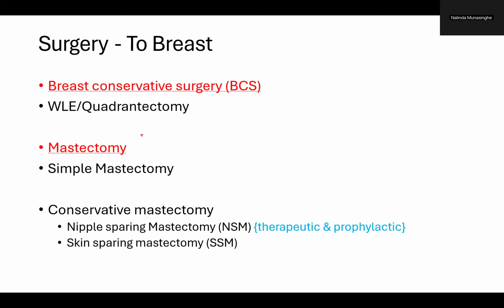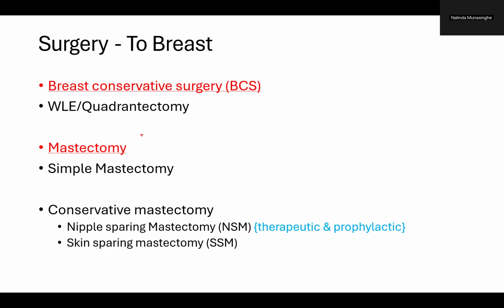To tell a little bit of the history of breast cancer management, in the 1870s, Mr. William Halsted from America described the Halsted radical mastectomy, where you take the entire breast off, including the skin, nipple areola complex, breast parenchyma, pectoralis major, pectoralis minor, level 1, 2, 3 axillary clearance, and divided the clavicle.